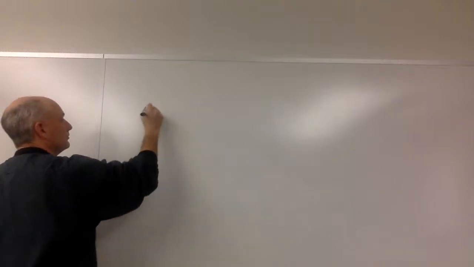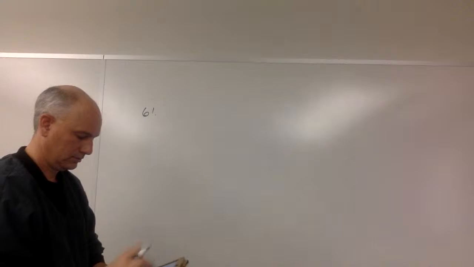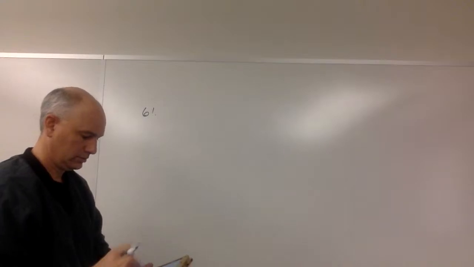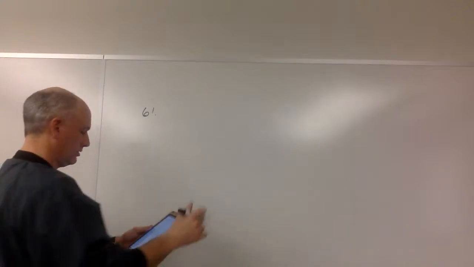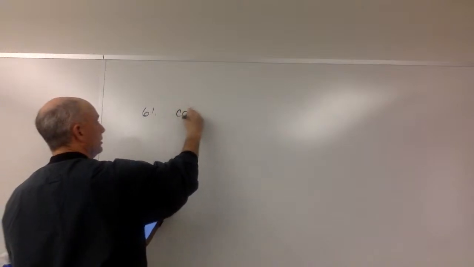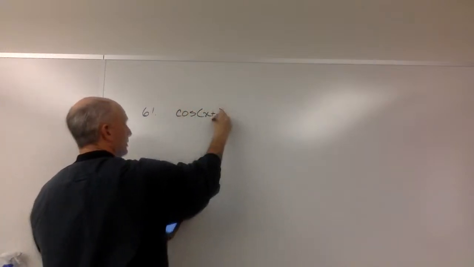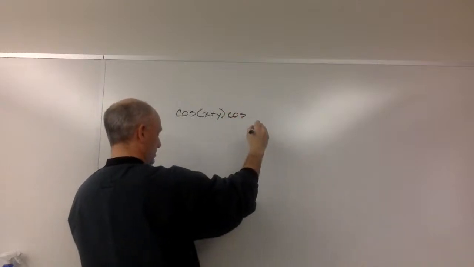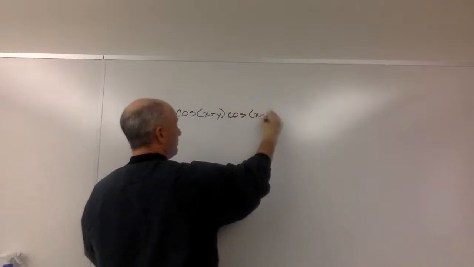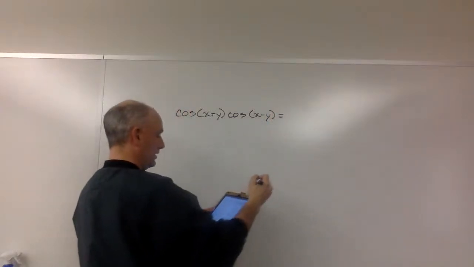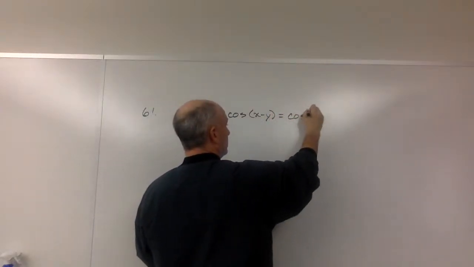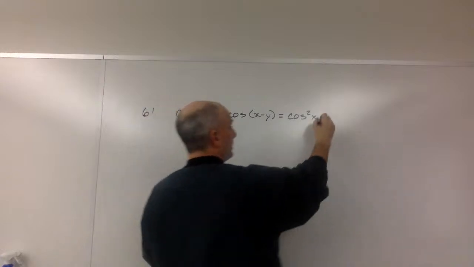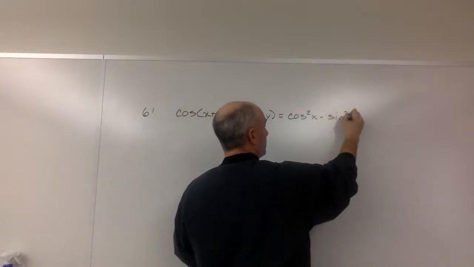All right, 61. All right, bear with me here. All right, problem 61. We've got cosine x plus y, cosine x minus y, verifying the cosine squared of x minus sine squared of y.